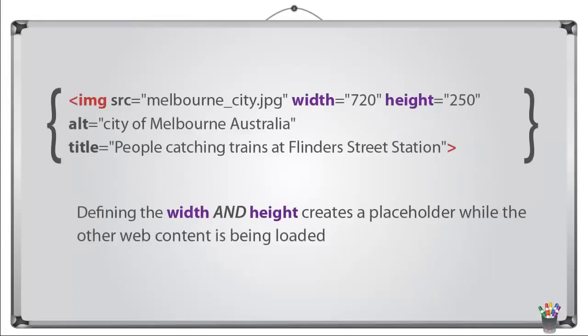Now if we look at the slide, when we start thinking about Google rankings and better user experience, we can also place the width and height attributes in the image element itself. Why is that important? It is very important because when an internet browser loads, if we define the height and width, it'll create a placeholder, so to speak, while all your other web content is being loaded.